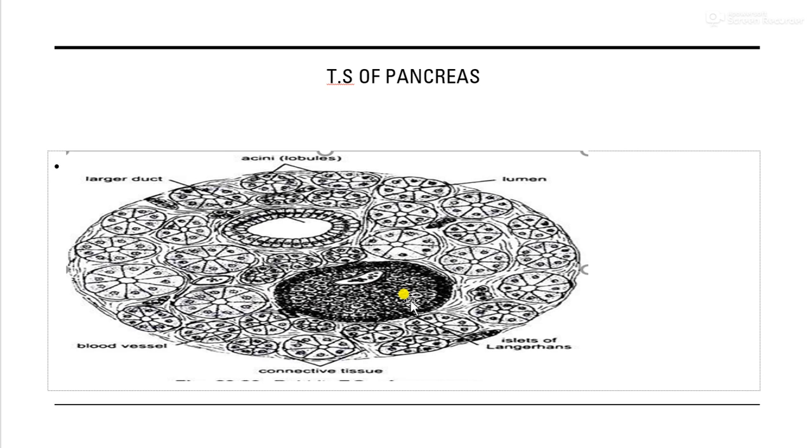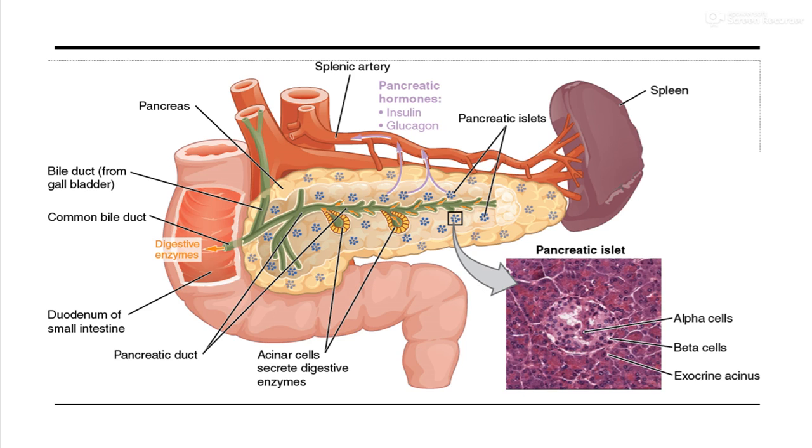When the blood glucose level is low, look at this, the alpha cell secretes glucagon. Glucagon is also a hormone. This alpha cell secretes glucagon, which increases the blood glucose level.